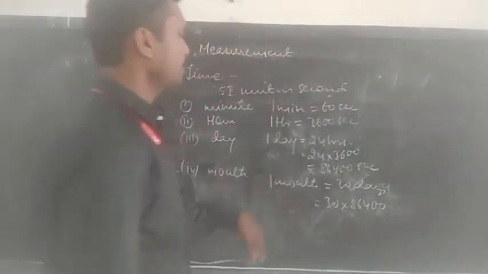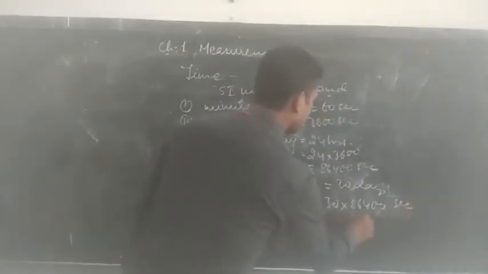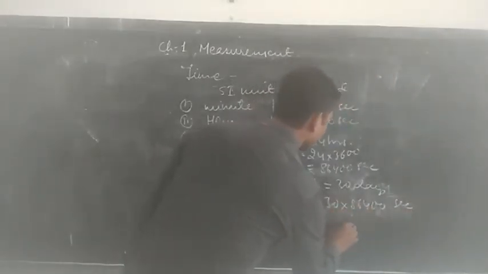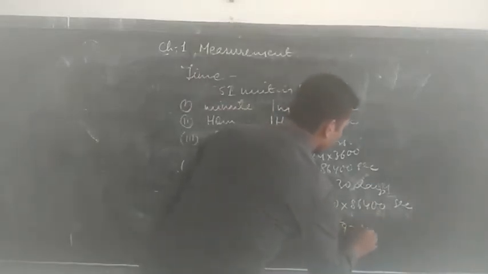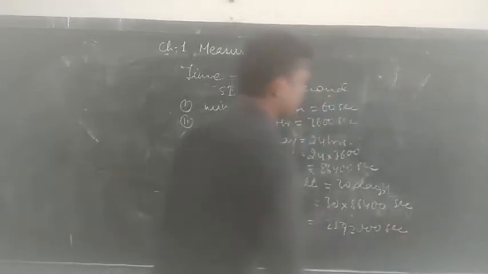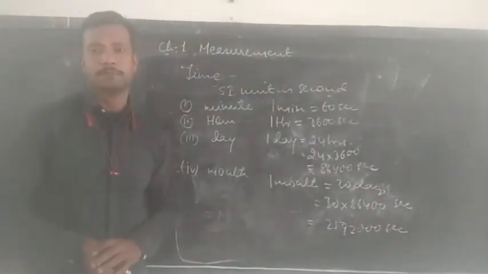So we are getting 2592 and then 000 as the seconds. We have this much of seconds in 1 month.